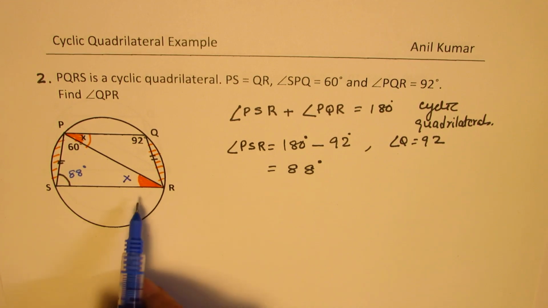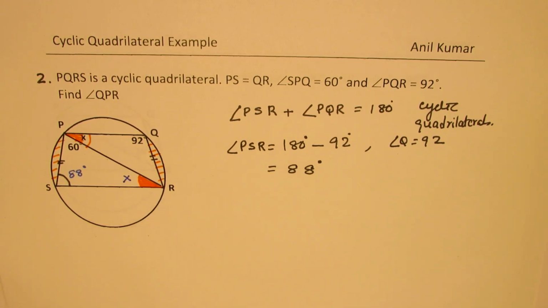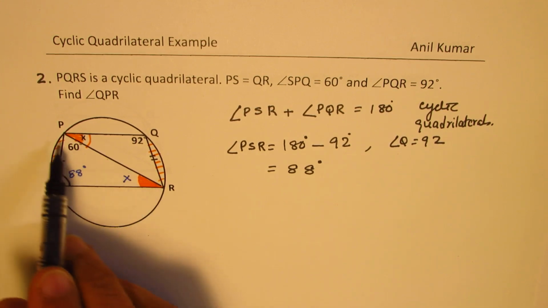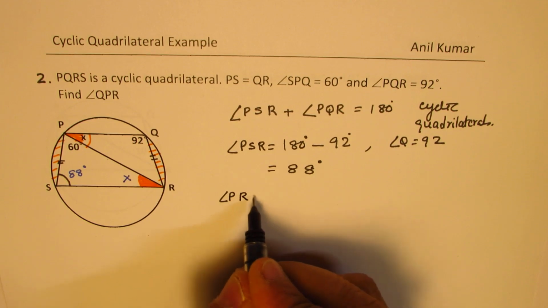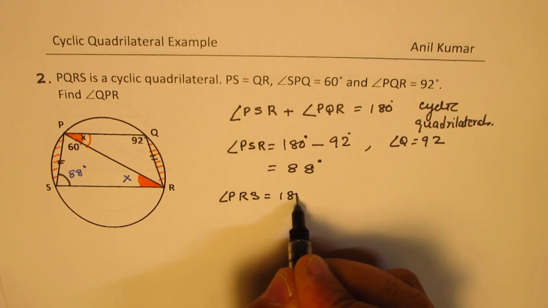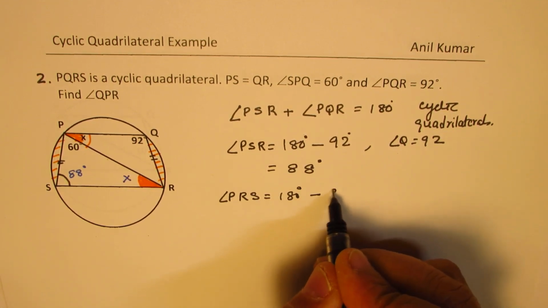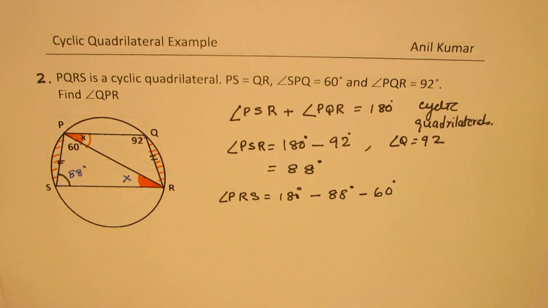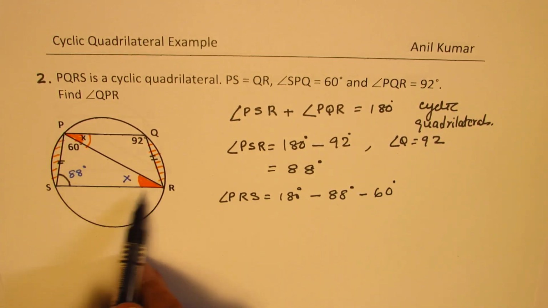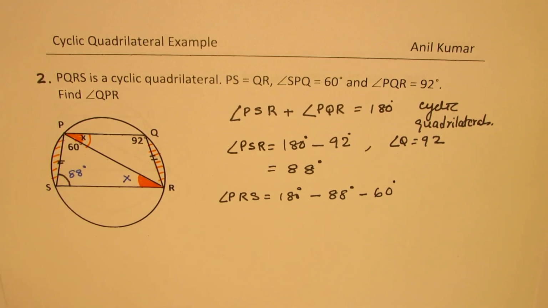Correct? Now, we can find this angle X as the sum of three angles is 180. So angle PRS is equal to 180 degrees minus 88 degrees minus 60 degrees. That gives you the angle PRS, and that should be equal to that X also, right?